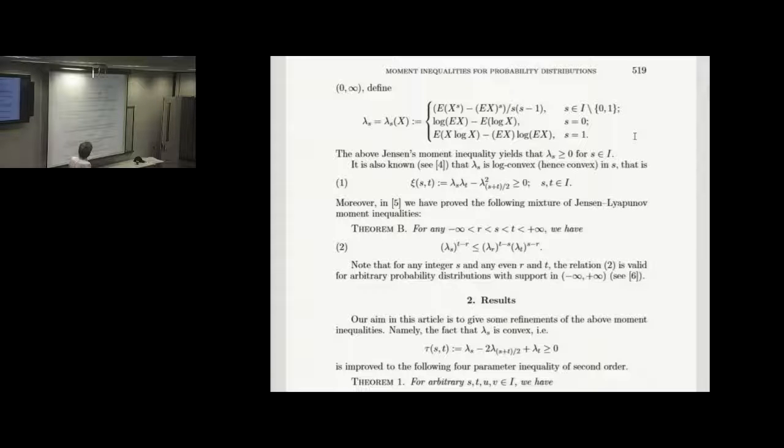And now, our investigation goes further, and we investigate those entities here. We said that logarithmically convex functions are also convex. So this function is greater than 0 because lambda is convex. This is always greater than 0.